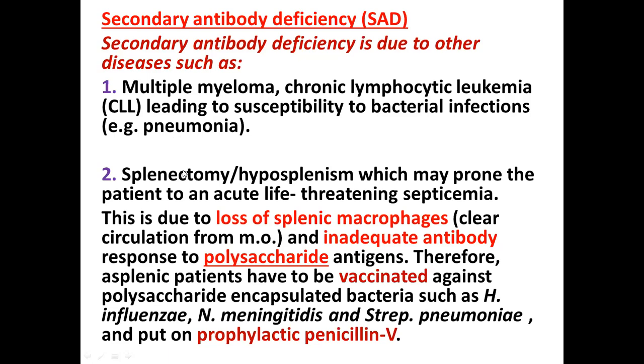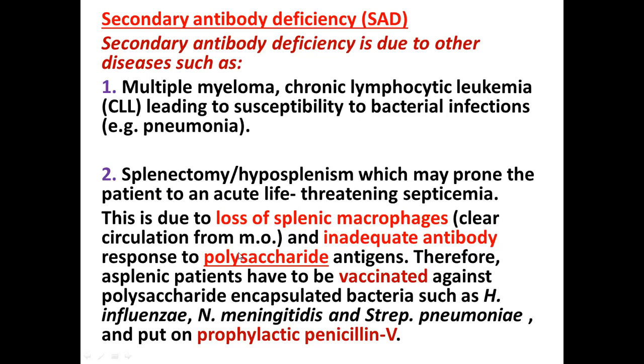Patients with splenectomy or hyposplenism may have acute life-threatening septicemia, because when the patient has hyposplenism, infarction in the spleen or splenectomy, they lose the splenic macrophages, which clear circulating microorganisms, and they also produce inadequate amounts of antibodies against polysaccharide.